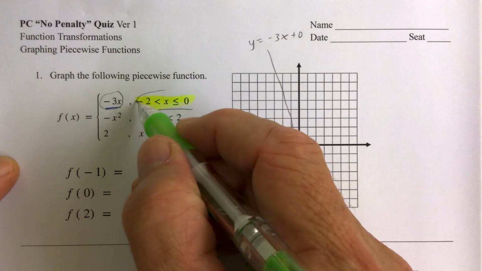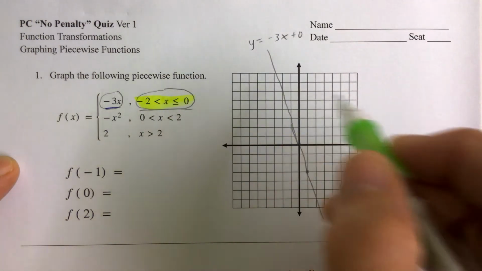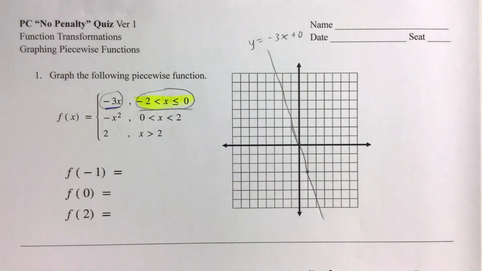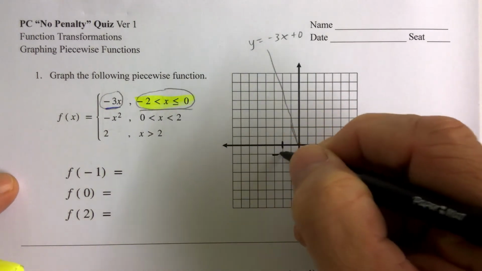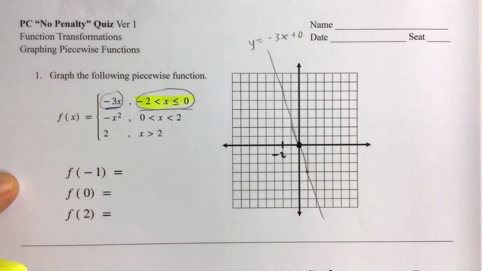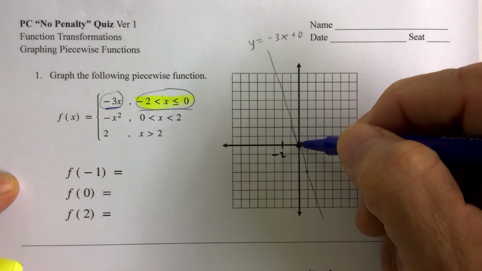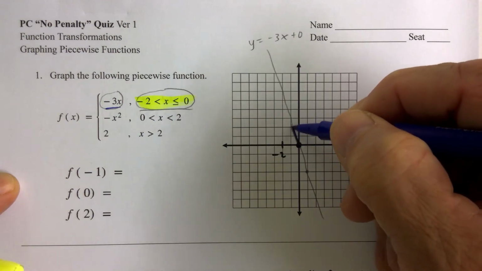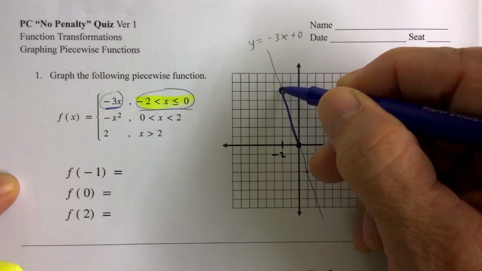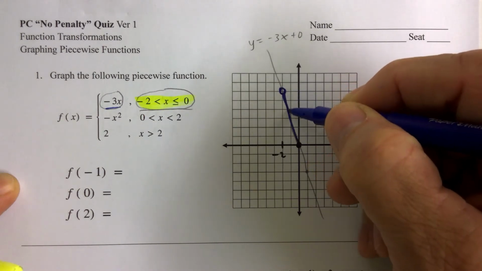But since we're looking here, we see that we have a domain restriction of x has to be greater than or equal to negative 2, there's negative 2 there, and less than or equal to 0. We're only allowed this piece of the piecewise function, which is what I'm shading here now.